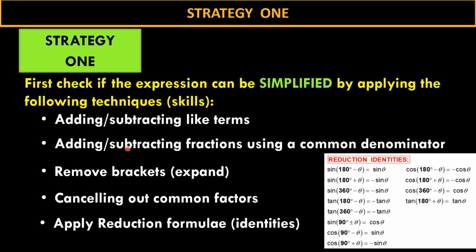So this is what you should give first preference to: adding or subtracting like terms, using a common denominator if there are fractions, and if there are brackets to be removed, you expand them, and after expanding them maybe you can get like terms again. And if there are things to be cancelled out, cancel them out. And if there are reduction formulas, you always give first preference to these operations.